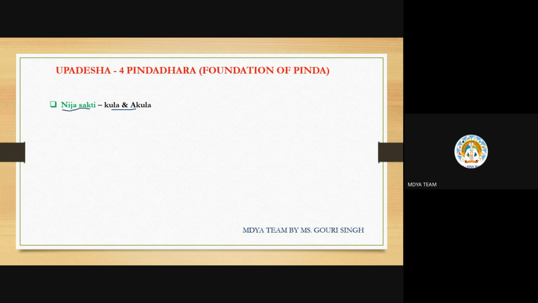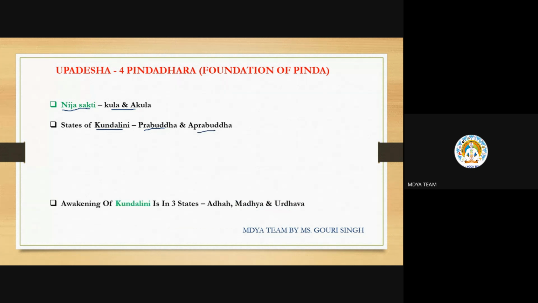Okay. So whenever Lord Shiva and Parvati come together, the energy Sakti is given a name here. Then Nija Sakti is formed, and the state of Kundalini, which is the main Adhar point of this body. And that Kundalini has two parts, one is the Prabhuta and one is the Aprabhuta. Those are the two states of the Kundalini.